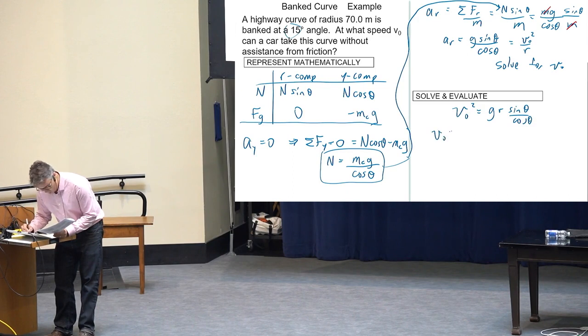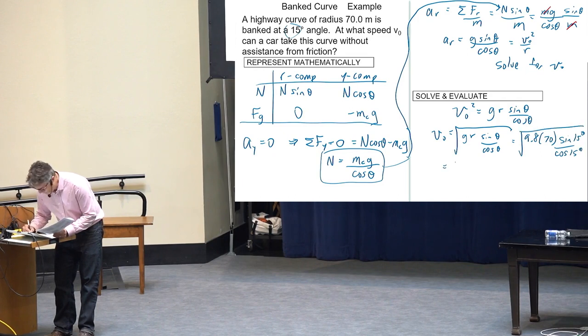So v0 is equal to the square root of all that stuff: g times r times sine theta divided by cos theta. So it's equal to 9.8 times 70 meters times sine of 15 degrees divided by cosine of 15 degrees. So I got 13.56 meters per second.